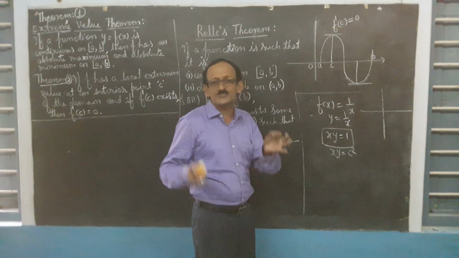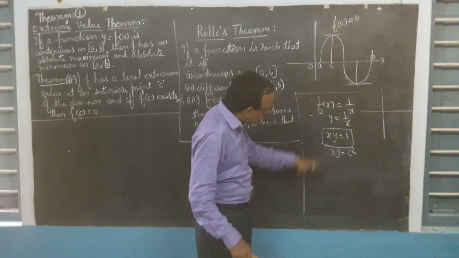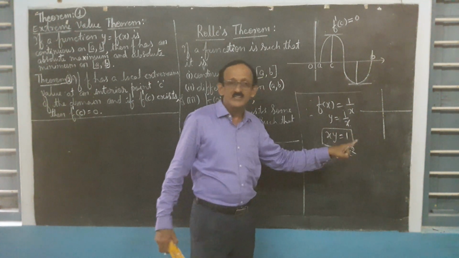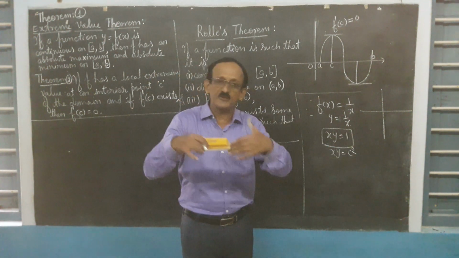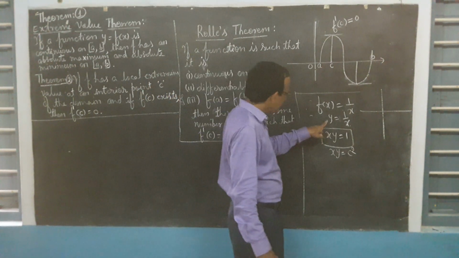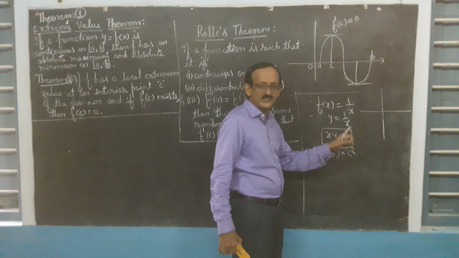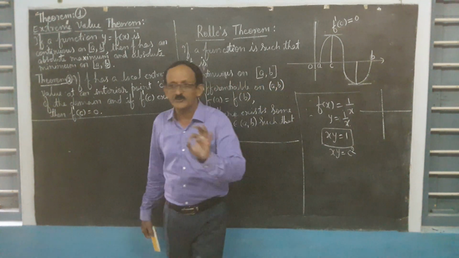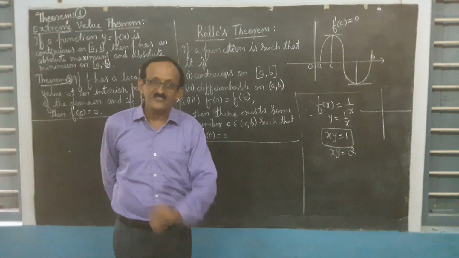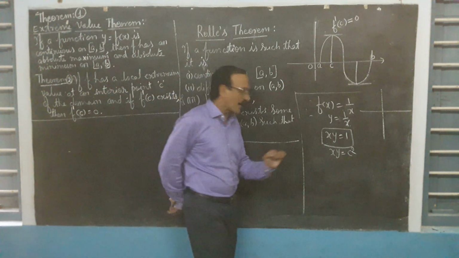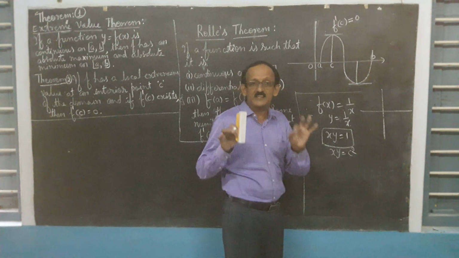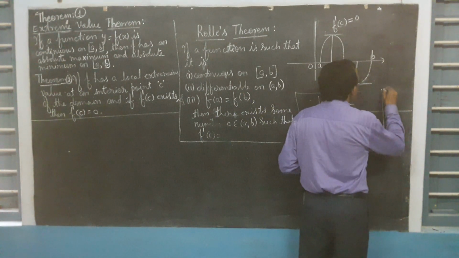See, we will study geometrically first, mathematically next. Geometrically means by drawing the graph of the function and watching the graph and deciding. If y equal to 1 by x, x into y equal to 1. Those who have studied your second PU topics, first PU topic, conic section thoroughly may be in a position to identify this curve. X into y equals c square is a rectangular hyperbola.